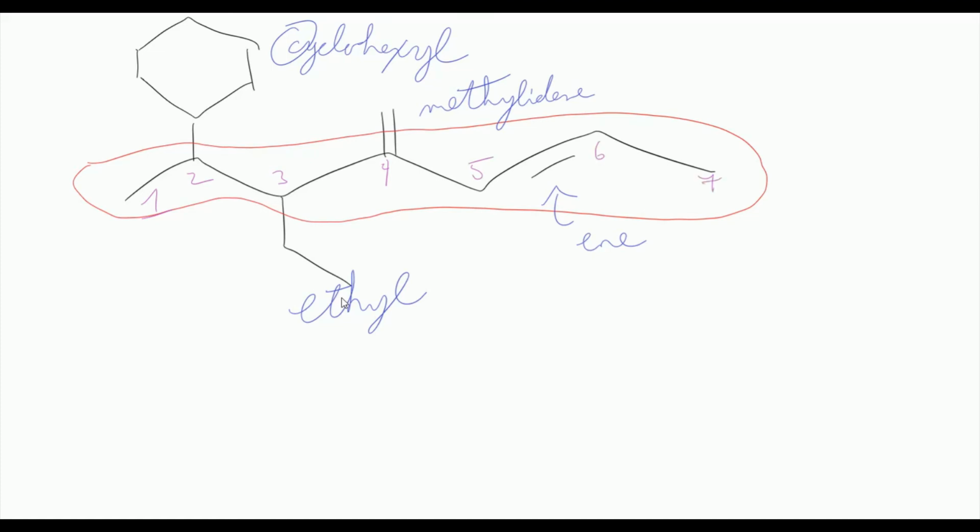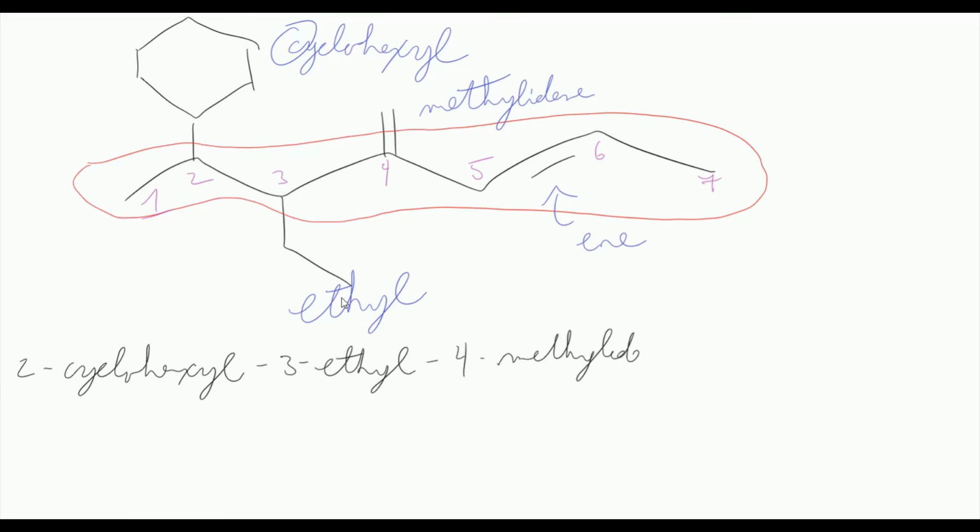So, naming this: 2 cyclohexyl, 3 ethyl, 4 methylidene, and then hepta 5 ene, or just hept 5 ene.